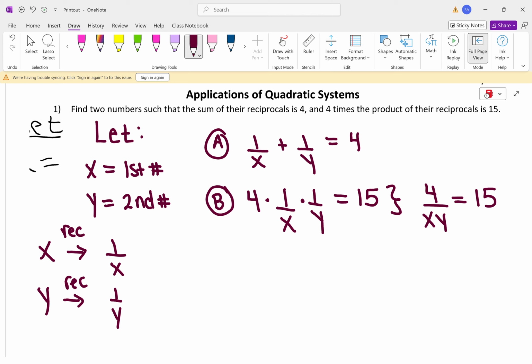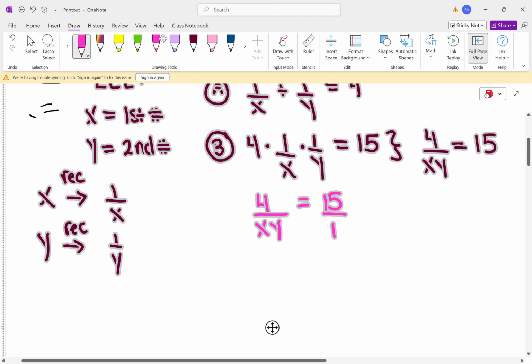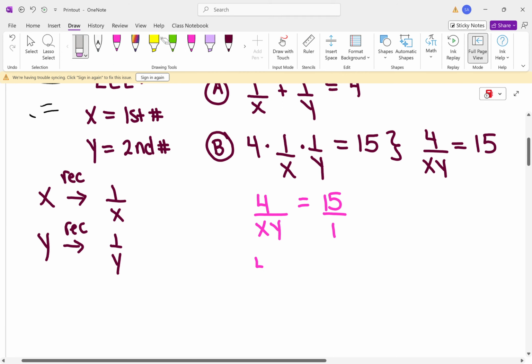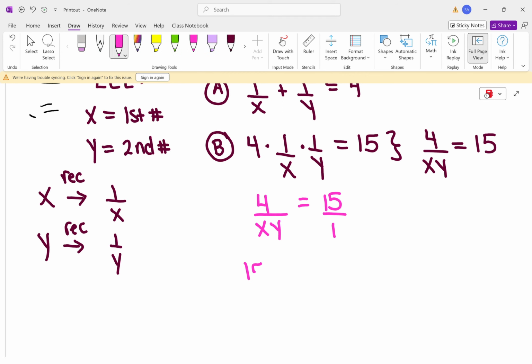To use substitution, I want to solve for one of the variables. So I'm going to go to the second equation, 4 over xy equals 15. Now I'm going to solve for either x or y, but I can't solve for something that's in the denominator. So what I'm going to do first is cross multiply this, and I'm going to get 15xy equals 4.